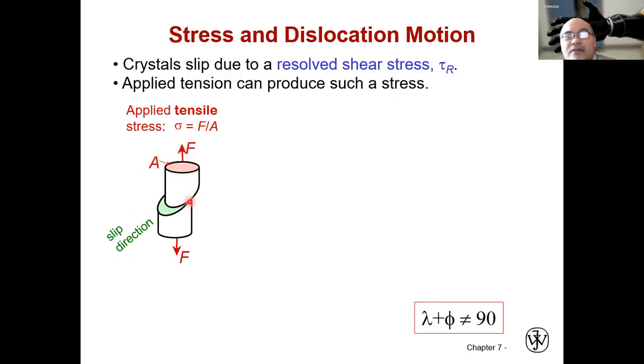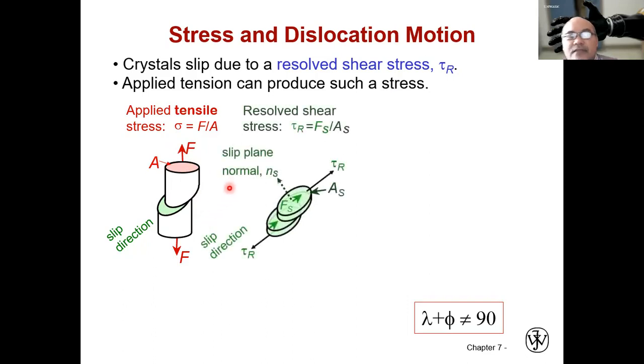However, since the plane within that crystalline structure has a certain angle with this stress, there will be a resolved direction where part of this force also has a direction parallel to the plane. That is what we call the resolved shear stress.